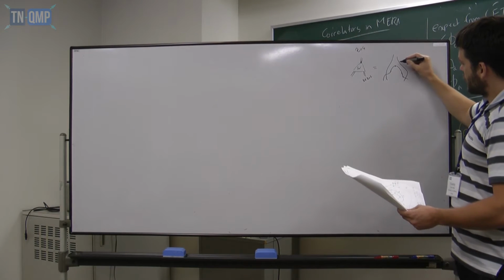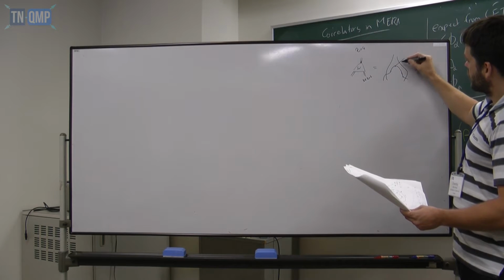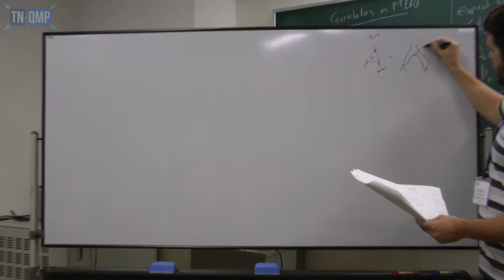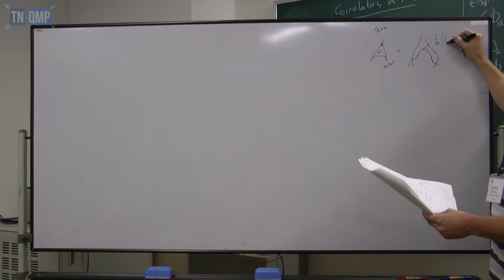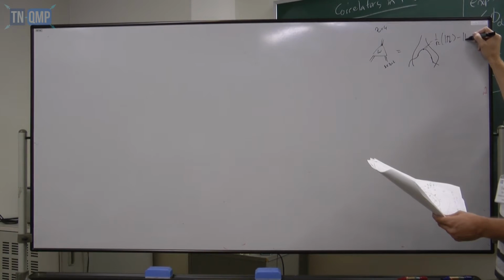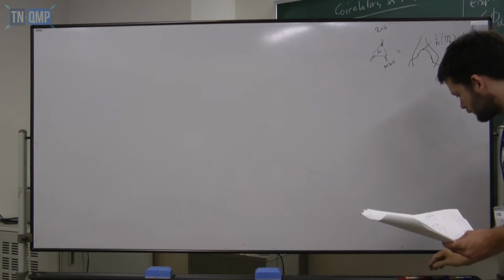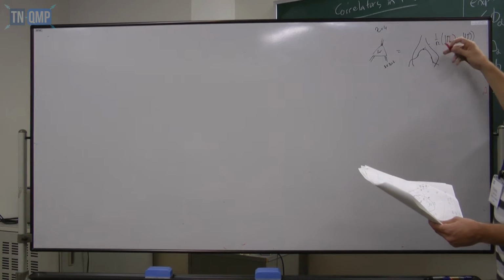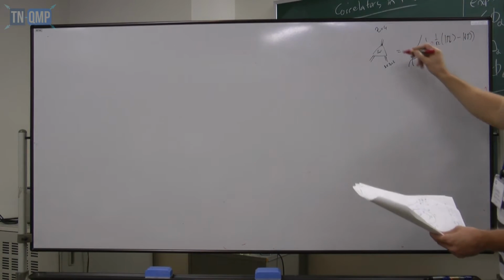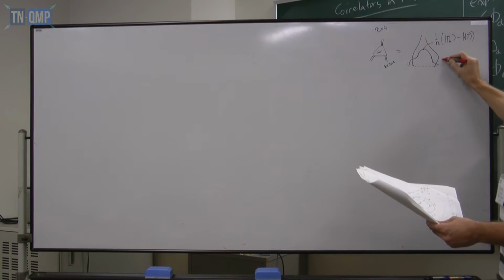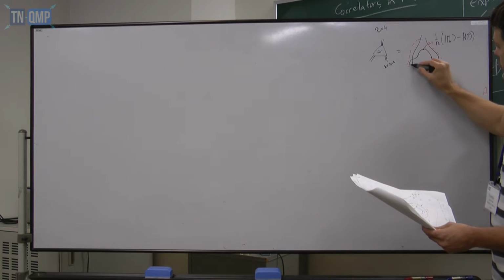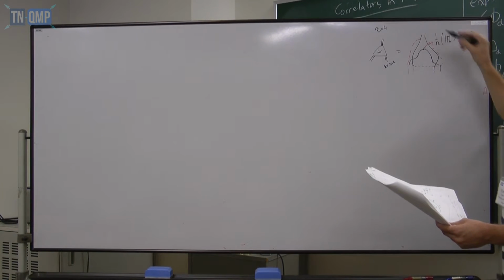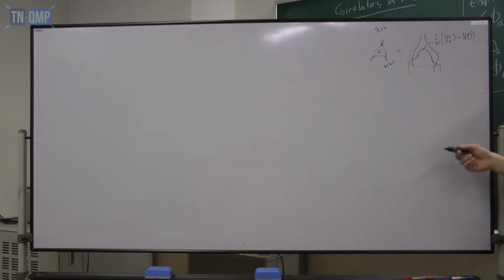Where this guy is 1 over square root 2 of, say, up, down, minus down, up. You just do that for this guy. So this whole thing is my isometry, where I'm interpreting these lines as two-site identity, like a straight line is just an identity.